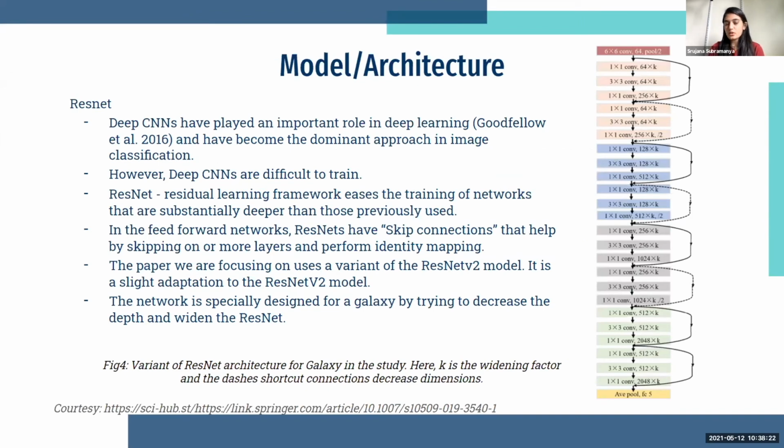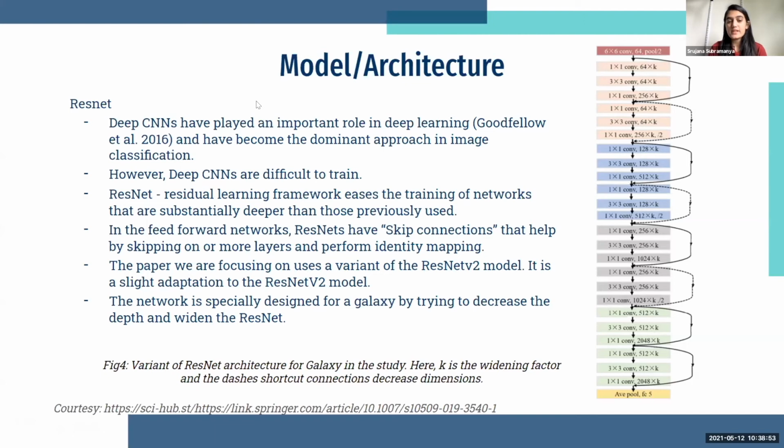The model or architecture chosen is the ResNet model. Why ResNet and why not anything else is going to be talked about here. It's observed that deep convolutional neural networks are one of the most chosen approaches in image classification techniques. However, these deep convolutional neural networks are very difficult to train because they have millions of parameters.